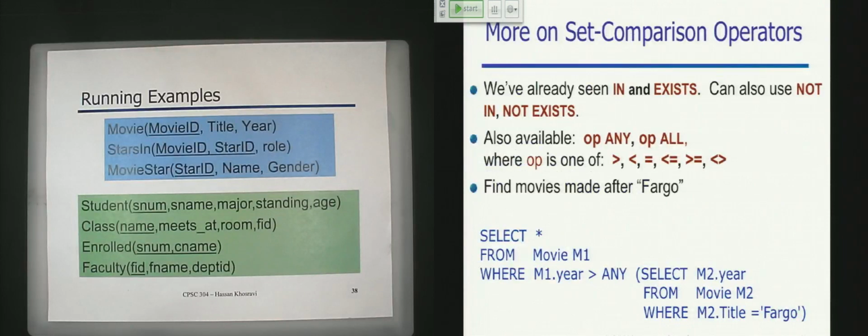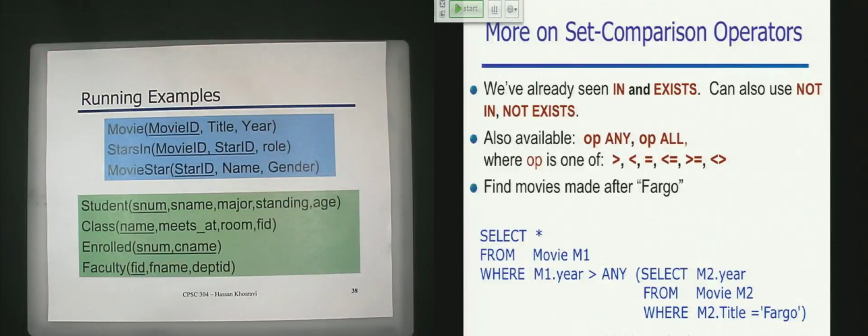You can also have the ANY or ALL operator. As an example, let's say you want to find movies made after Fargo. If you want to think about this and run that, the first question is you need to know when Fargo was made, so then you can return results for movies that were done after Fargo.